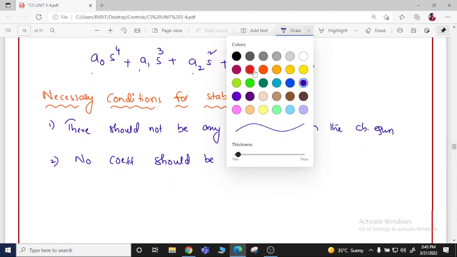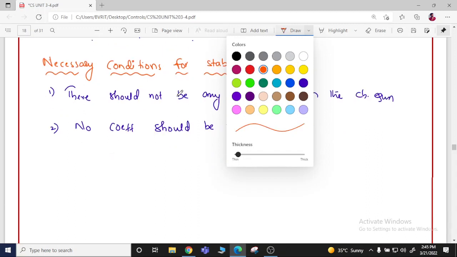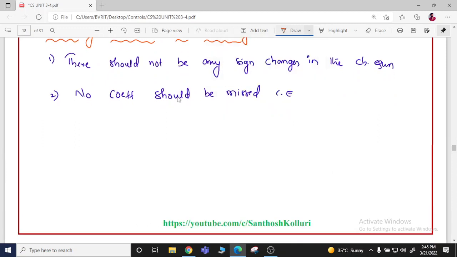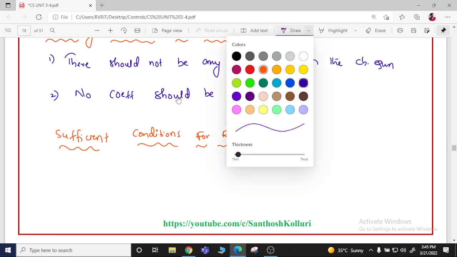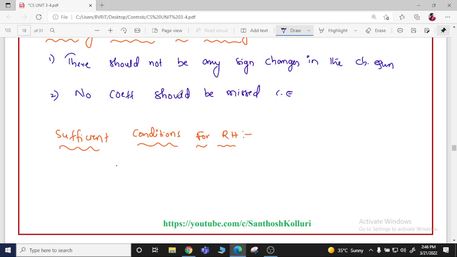And there are sufficient conditions also. So we'll see that. Sufficient conditions for Routh-Hurwitz criteria stability: the Routh-Hurwitz tabulation has to be satisfied.